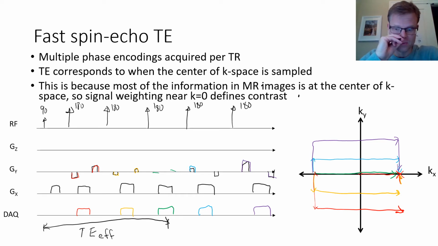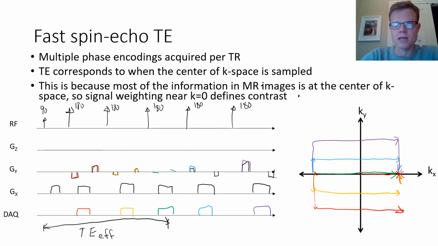Again, because what we're putting on the spatial information there is getting weighted by, say, the T2 decay in this case, and most of the spatial information is weighted by the T2 decay from the phase encodings where we're crossing the center of K-space.